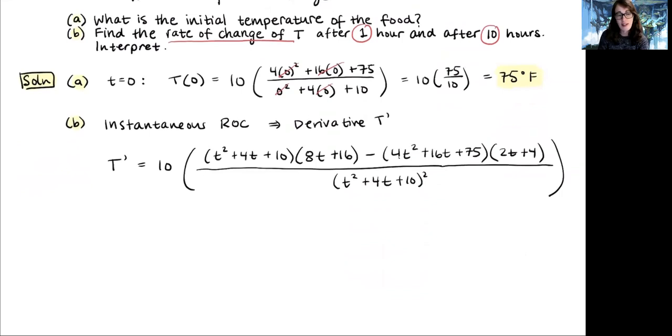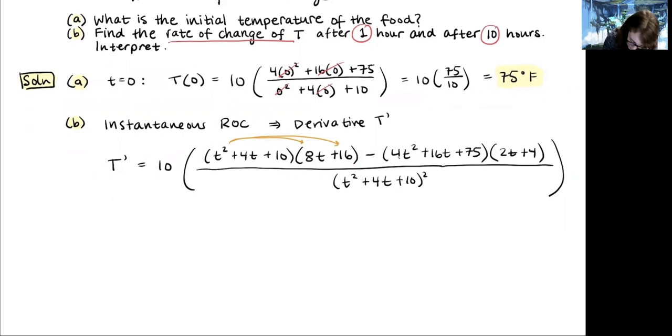So foiling is really like double distributing. So what we're going to do is just take everything in this 3-term polynomial and distribute it into the 8t plus 16. So we'll do t squared times 8t, and then t squared times 16. Again, we're working on simplifying the numerator here.